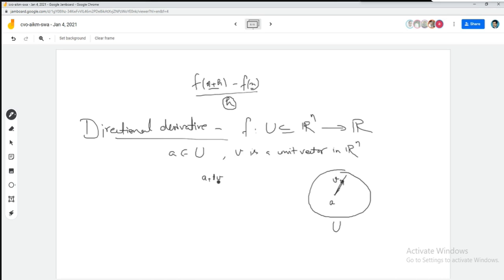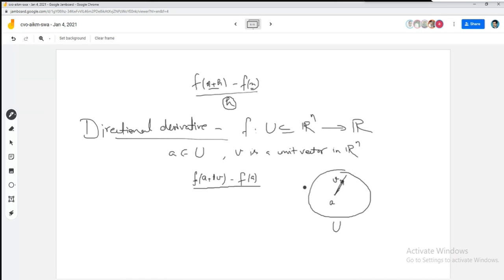So in particular, at t equal to 0, you are at A, and at t equal to 1, you will be at A plus v. You restrict your function along this line and consider this increment and difference of this increment, in fact. So this f(A plus tv) minus f(A).